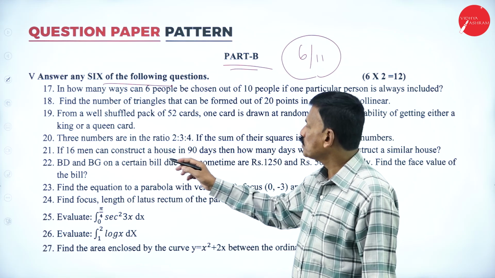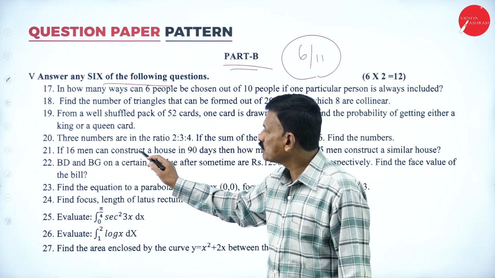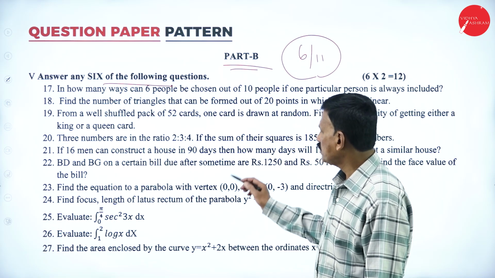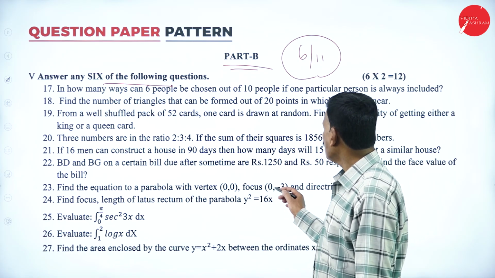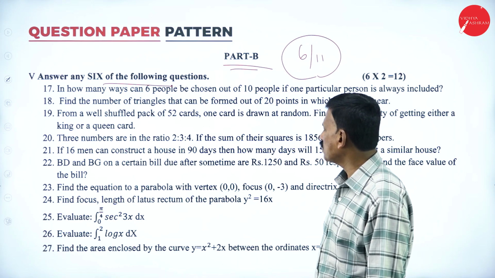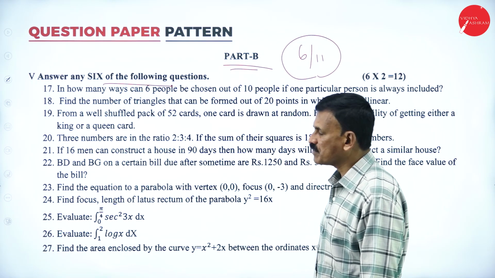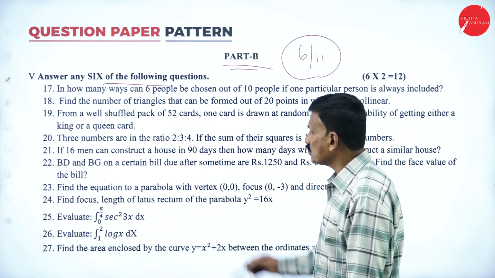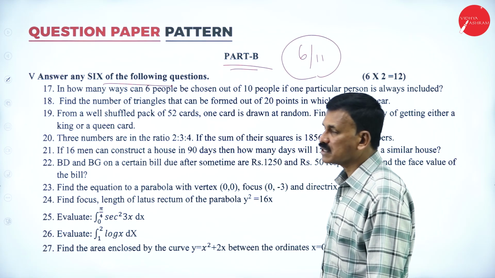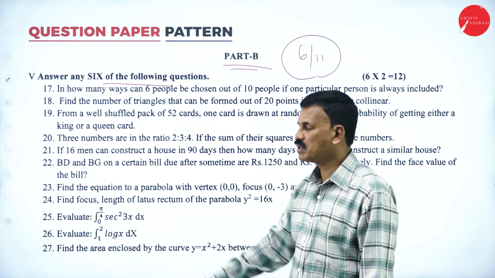Again ratios and proportions. Then also from ratios and proportions, bill discounting. Then conic sections, parabola, 2 questions. Then 2 questions from definite integrals and 1 question from application of integrals. So these are all 2 mark questions.